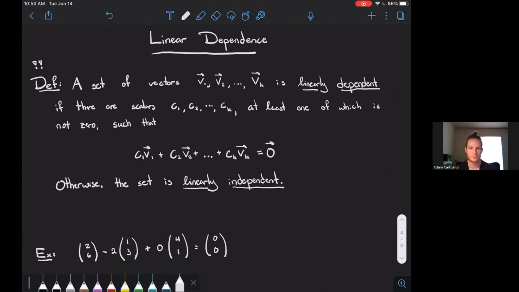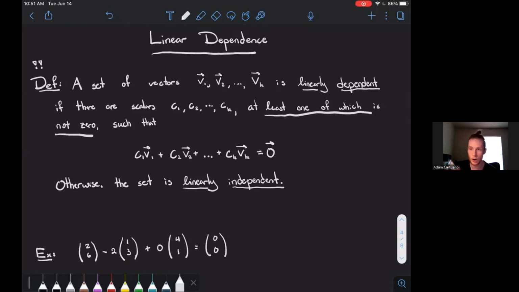So, what does it mean for a set of vectors to be linearly dependent? Suppose we have a set of vectors, v1 all the way up through vk. We call that set linearly dependent if you have scalars, c1 through ck, not all zero, so at least one of them is non-zero.